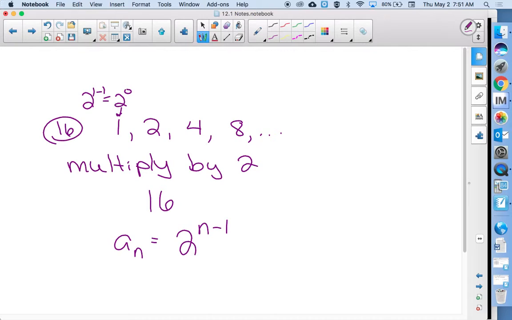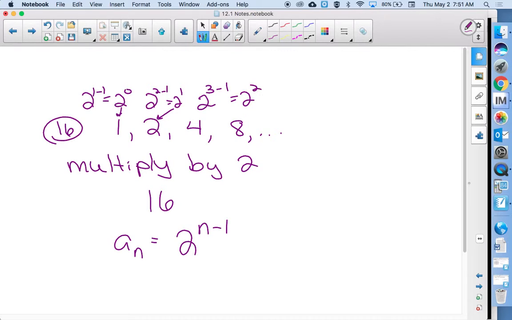My second position would be 2 to the 2 minus 1, which is 2 to the first, and that gives me 2. I'm going to try it one more time just to make sure that this works. So this is my third term, so I plug in a 3.